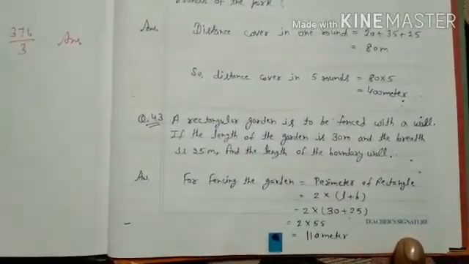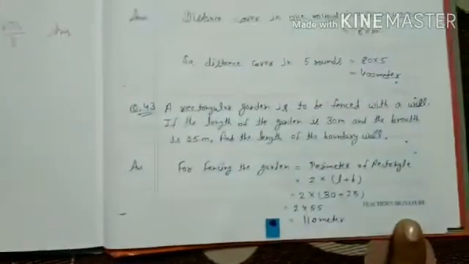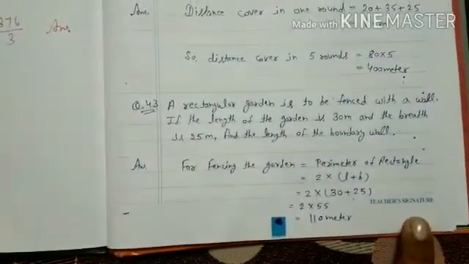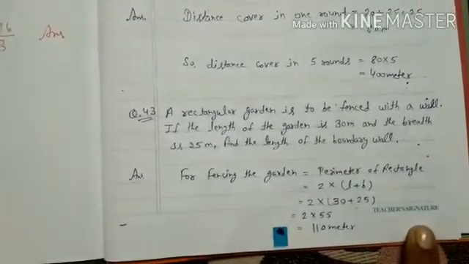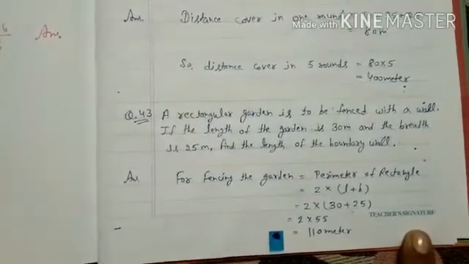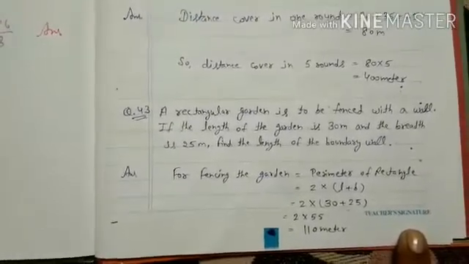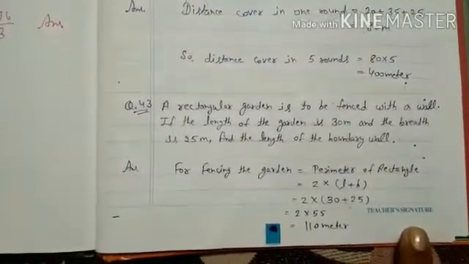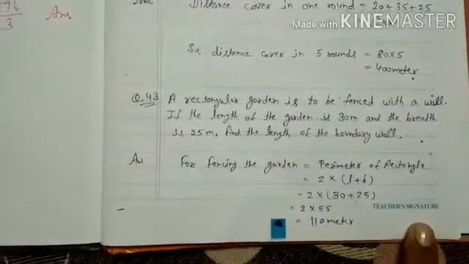So students, for fencing the garden, because the garden is rectangular, some of the students know the formula for the perimeter of a rectangle, that is 2 multiply length plus breadth. So first we find the perimeter of the garden using this formula, 2 multiply L plus B. 2 multiply 30 plus 25, and 30 plus 25 we get 55. 2 multiply 55 equal to 110.